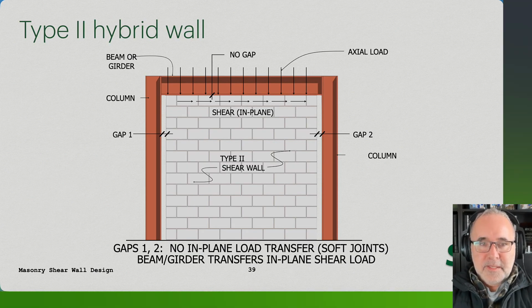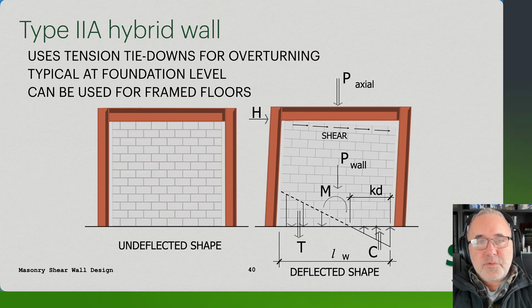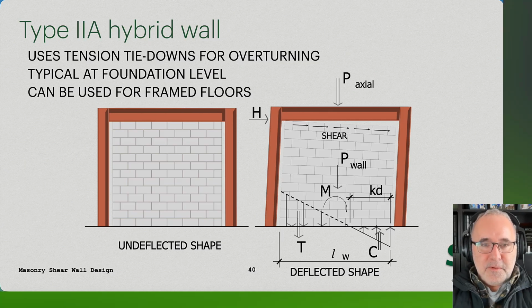There's actually a couple delineations. Type 2A can be the tension tie down, so you have some tension and compression capacity that you can develop for this design, based on maybe it's sitting on a foundation. It's pretty easy to have dowels into the foundation. We could have the shear wall be effective in that respect.